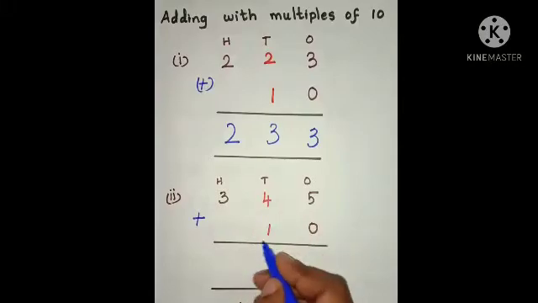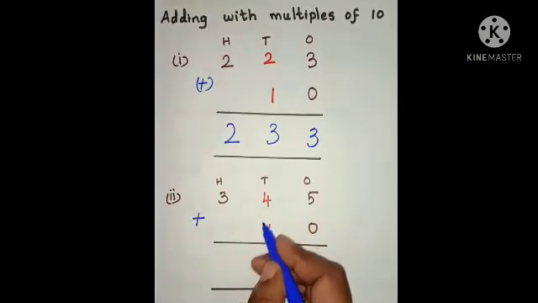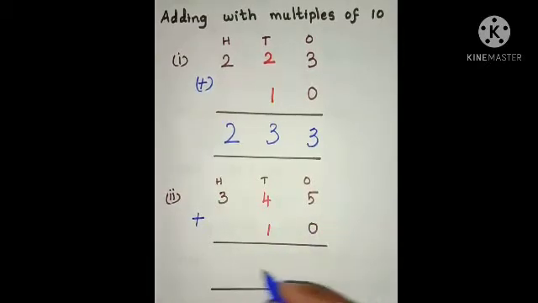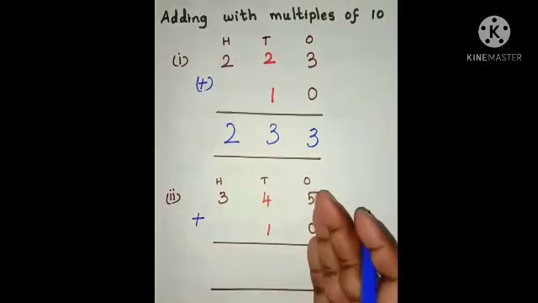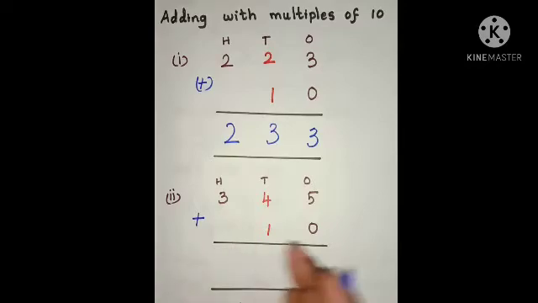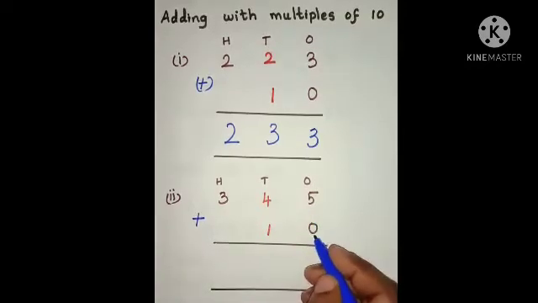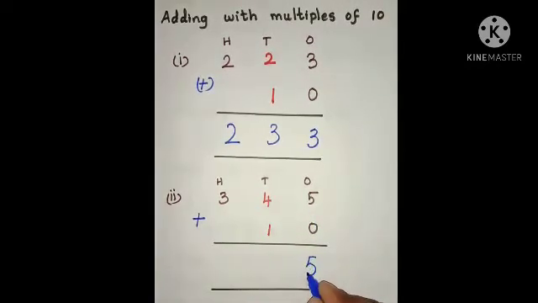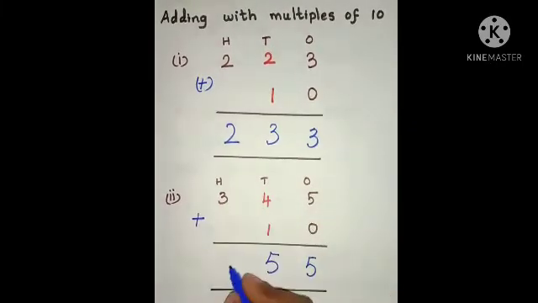Now children, only the change will occur in the tens place, isn't it? So there is no change in ones place as well as hundreds place. 5 plus 0 is 5. 4 plus 1 is 5. 3.